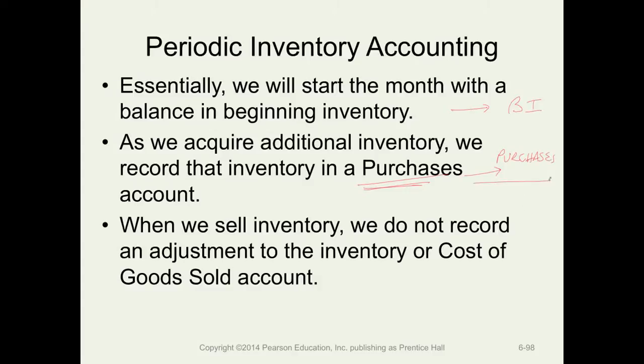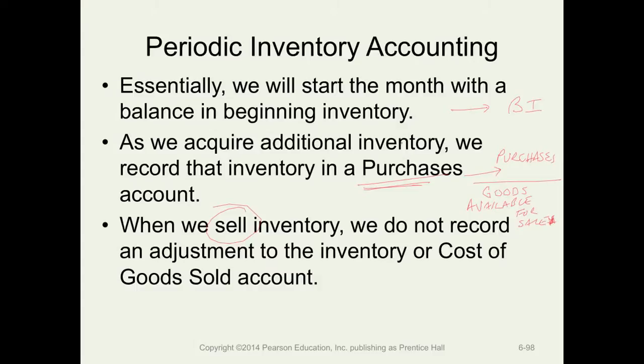And we know that the sum is called the goods available for sale. And of course, we do not record any adjustment to inventory or cost of goods sold when we have an actual sale.